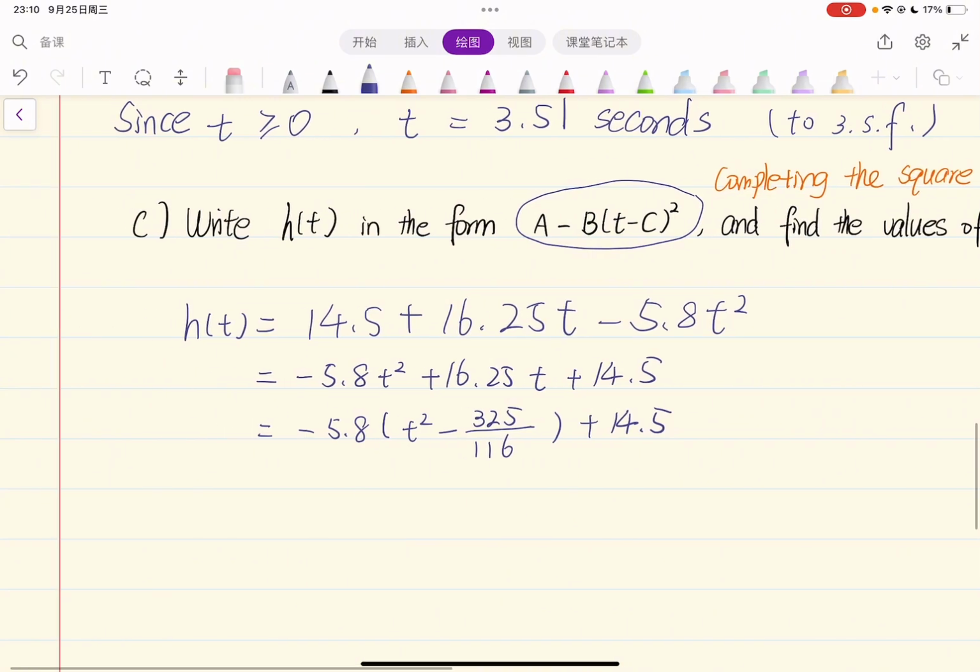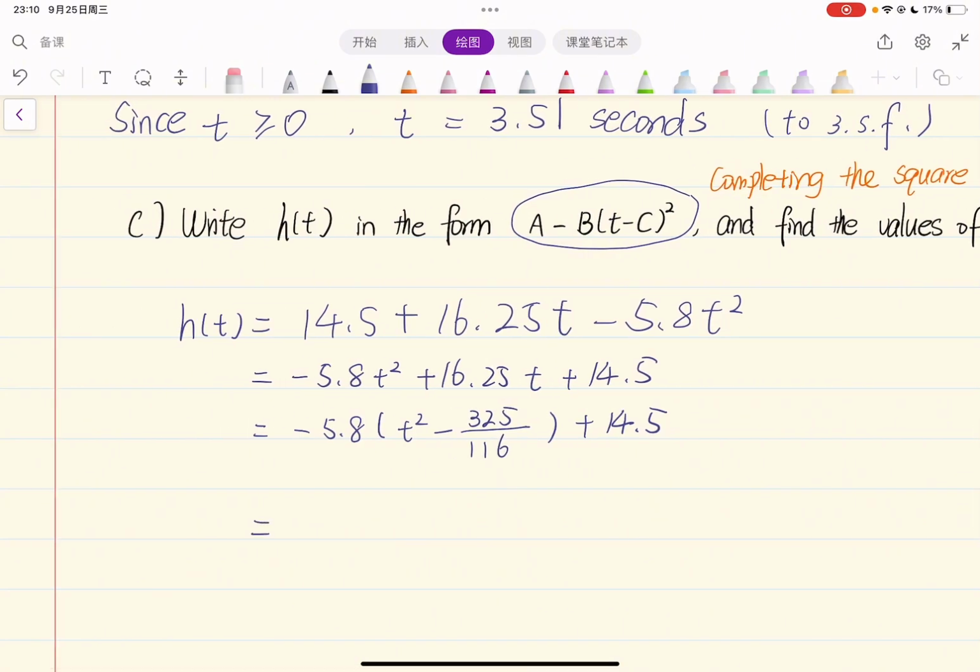Then we do the completing the square: minus 5.8 times t squared minus 325 over 116 t. We divide by 2, that is 325 over 116 times 2, so it's 232, squared, and minus that.